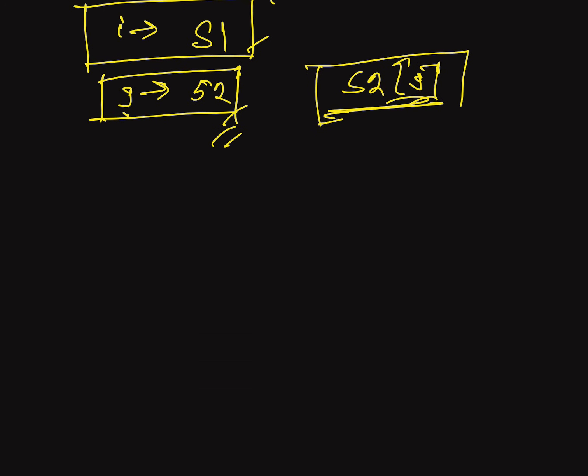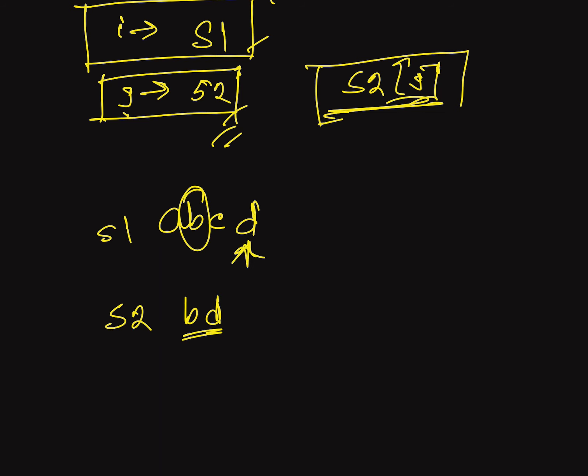This is a subsequence, that means our order should be the same. Suppose the string is A, B, C, D, and S2 is BD and this is string 1. It is always mandated that whenever I find B, the D will be on the right side of this particular character.